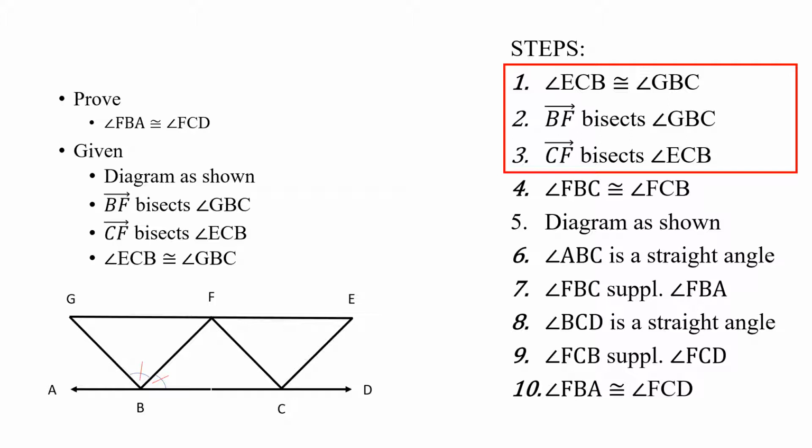Now I do have some minor markings on this figure. They kind of just denote that BF bisects angle GBC, and because we're told that BF does bisect that angle, that means that the two resulting angles, angle GBF and angle FBC, must be congruent.